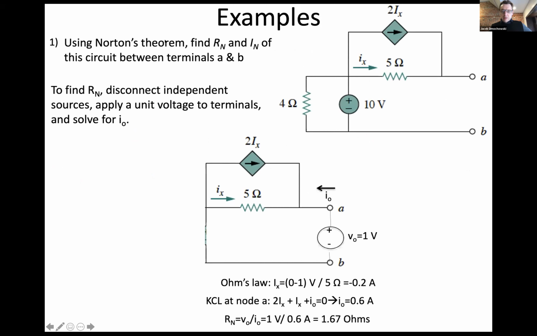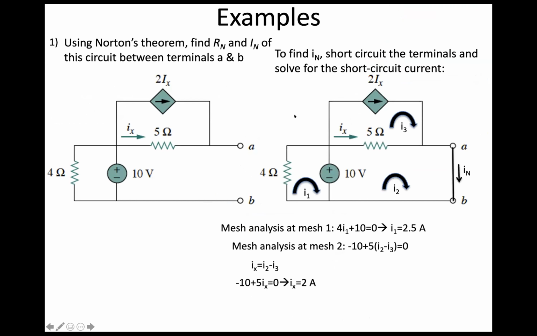Because remember, when you're solving for the equivalent resistance, we disconnect the independent sources. And so we short circuit the 10 volt. So if you have a resistor in parallel with a short circuit, that resistor will not see anything. Okay, yeah, that makes sense. Okay, thank you. You're welcome.